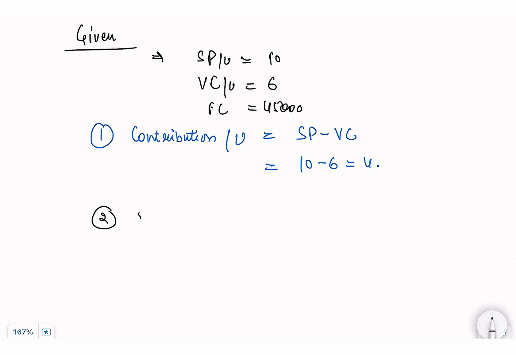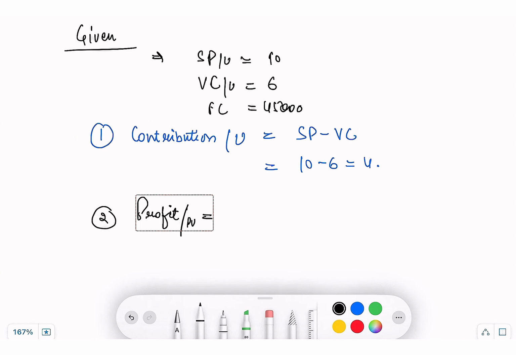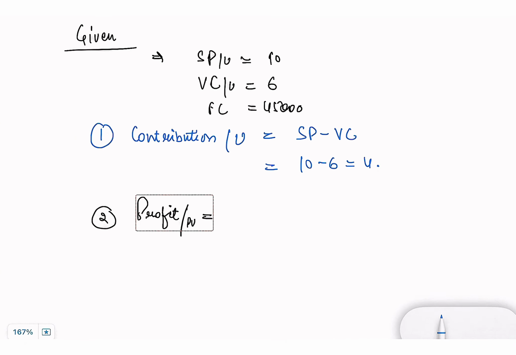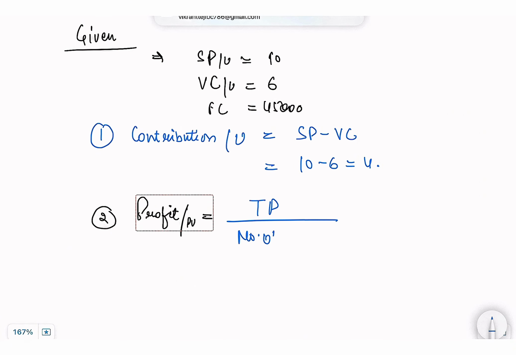Now see the profit. Profit per unit is total profit divided by number of units sold. Okay.